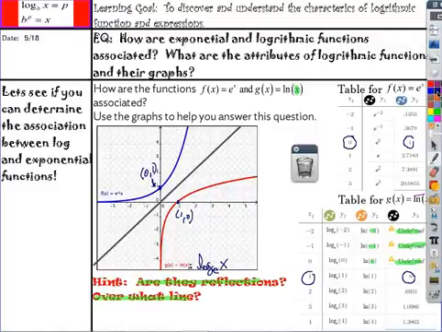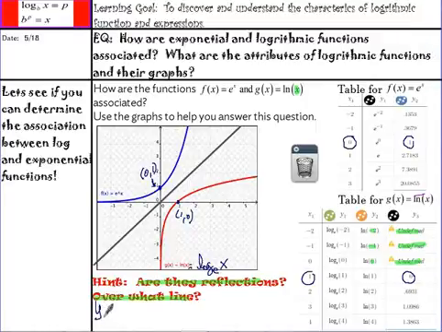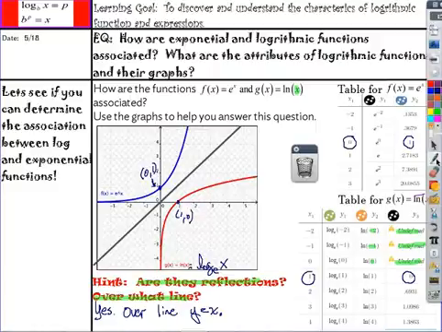All right. Well, what does that mean? Are they reflections? Yes, they are reflections over the line y is equal to x. So what does that mean? Well, if you remember, we've talked about these situations before where a function is a reflection of another function over the line y is equal to x.